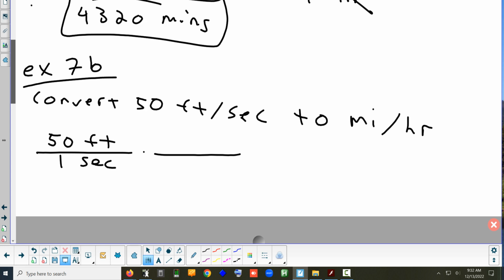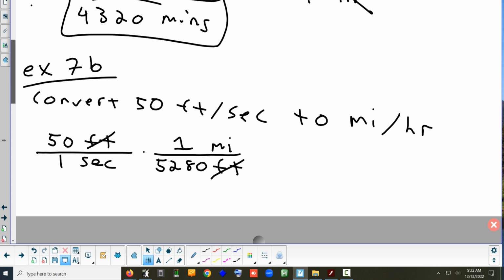Is it going to go in the top or in the bottom? Bottom. And that means miles is going to go in the top. Now we need to remember it. How many feet in 1 mile? Yeah? 5,280. 5,280 feet in a mile.